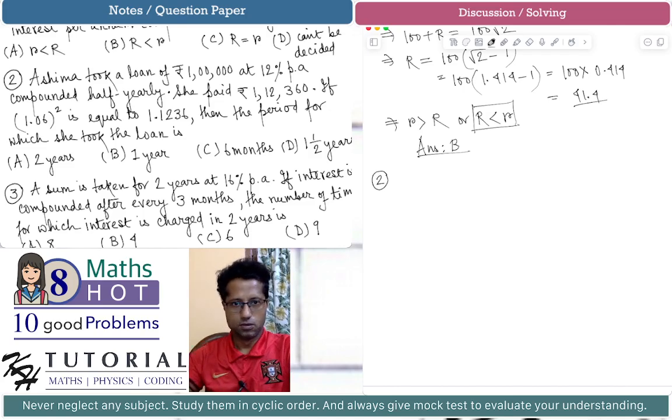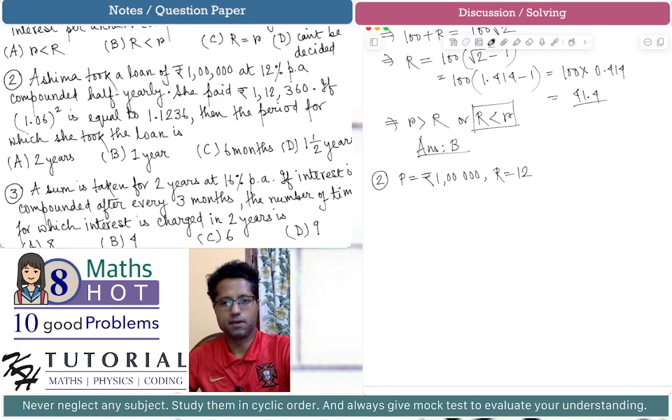Okay, so we have compounded half yearly. What we are given: the principal P is equal to 1 lakh, and R is given to be 12% per annum. Now the interest is compounded half yearly. This means U is equal to 6 months.